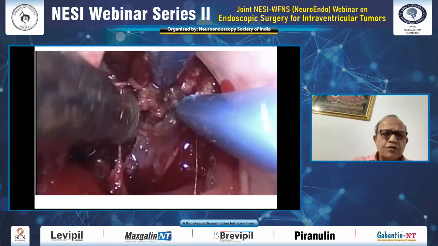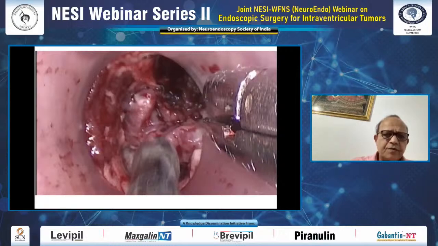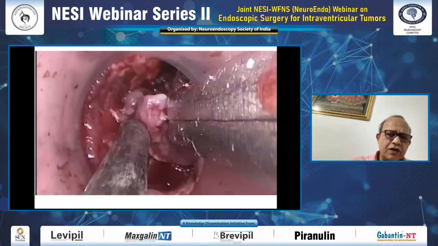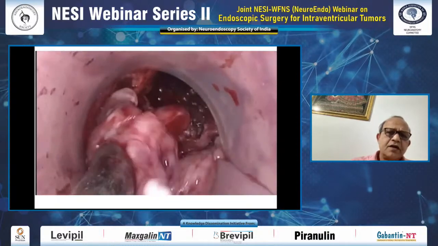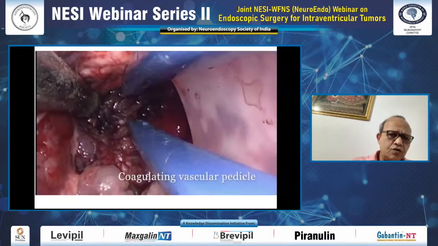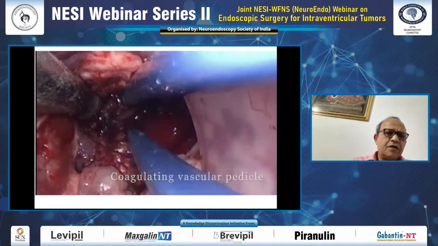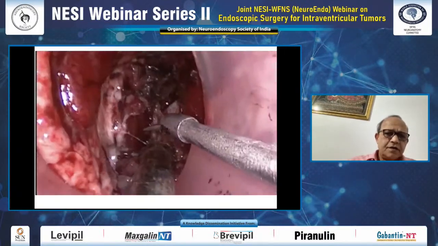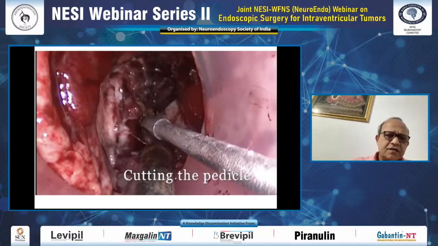But the instruments should preferably be single shaft, and they should be slender, so that you can introduce two instruments through this 2 centimeter diameter tubular retractor. Bimanual dissection.